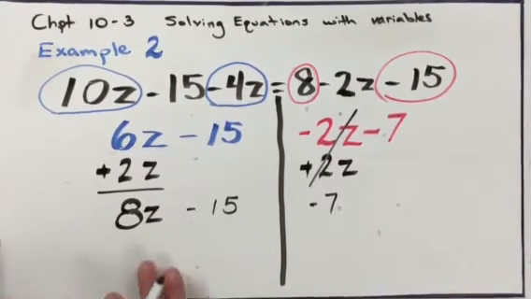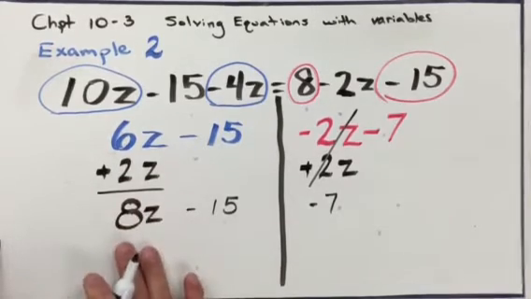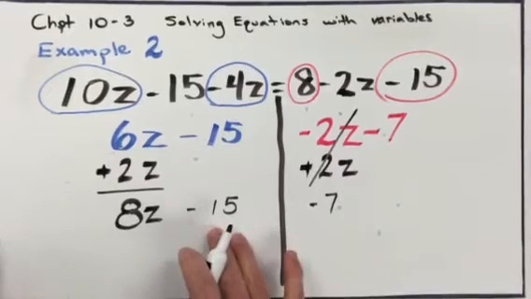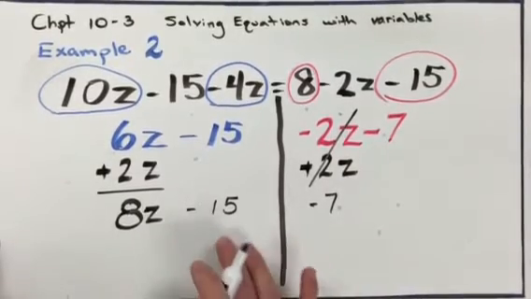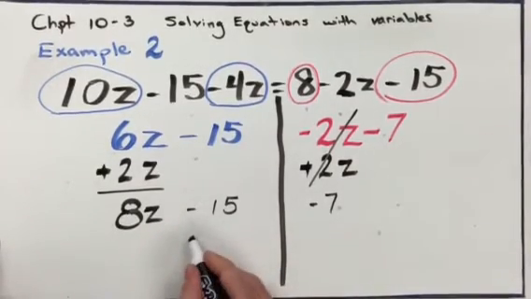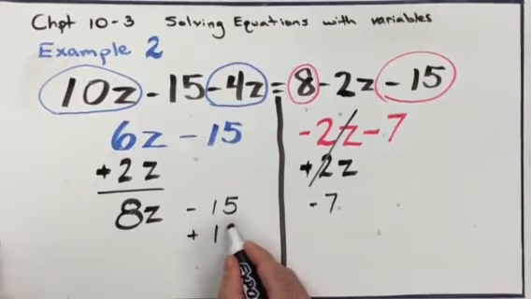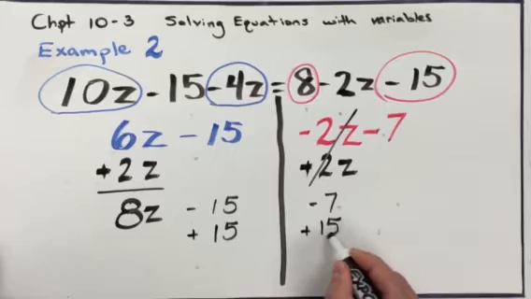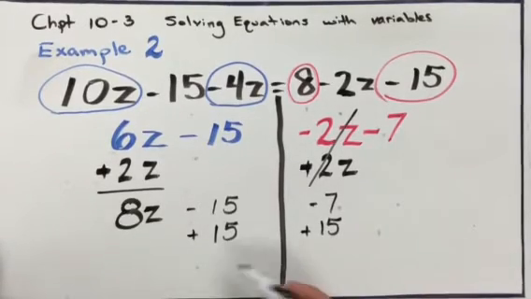Okay, since I want to get everything away from the variable, I'm going to choose to get rid of this minus 15 or the negative 15. And the way I can do it is by bringing in 15 positives, and do that to both sides. On this side, as we know, they will cancel out.